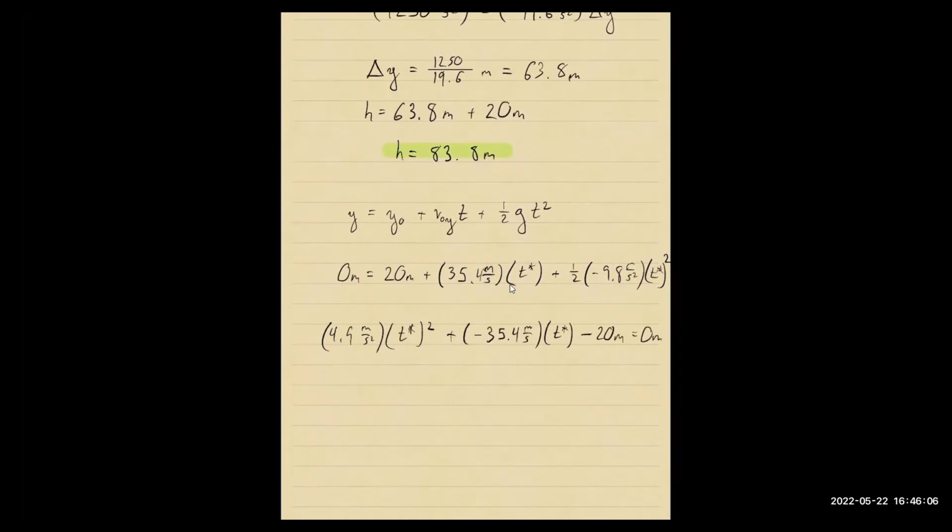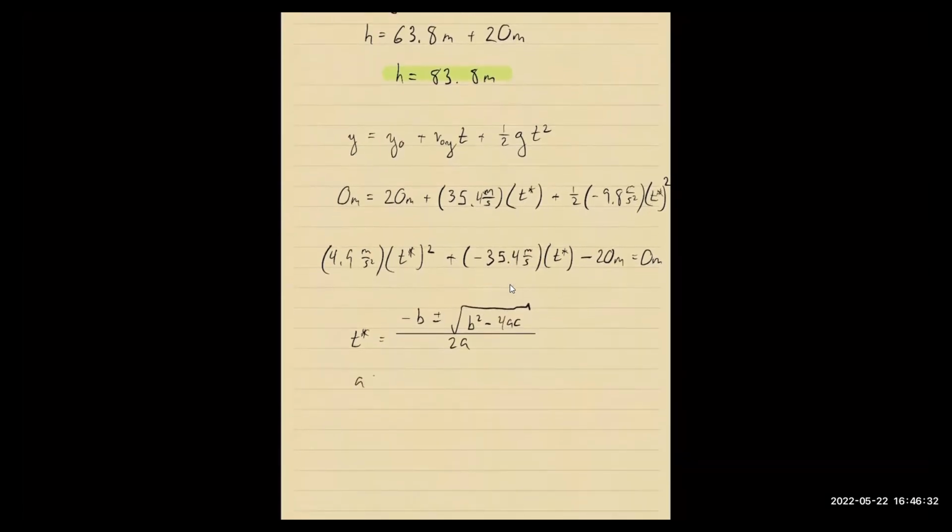And so using the quadratic formula, which says that t star, the time it takes for the ball to actually hit the ground, is going to be equal to minus b, plus or minus the square root of b squared minus 4 times the value of a times the value of c, all divided by 2 times our value of a.